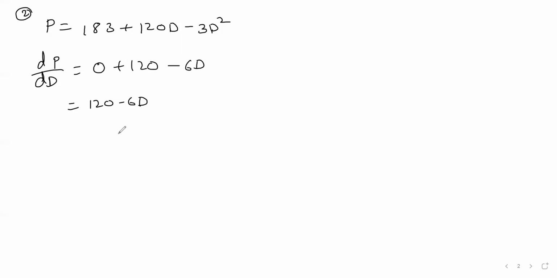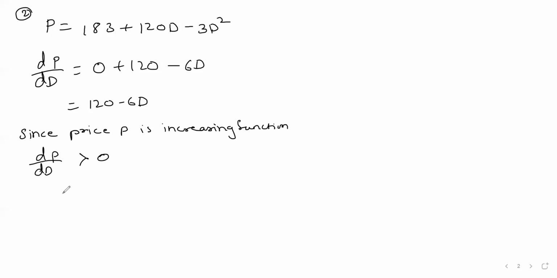Now we want the price to be increasing. Since price P is an increasing function, dP/dD is greater than 0. So 120 - 6D should be greater than 0.